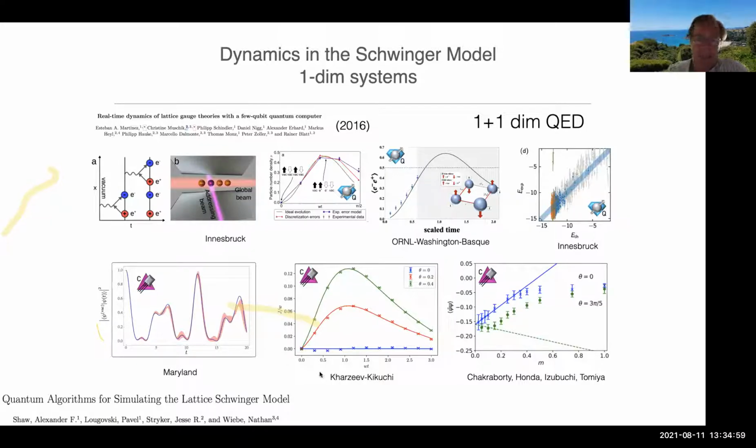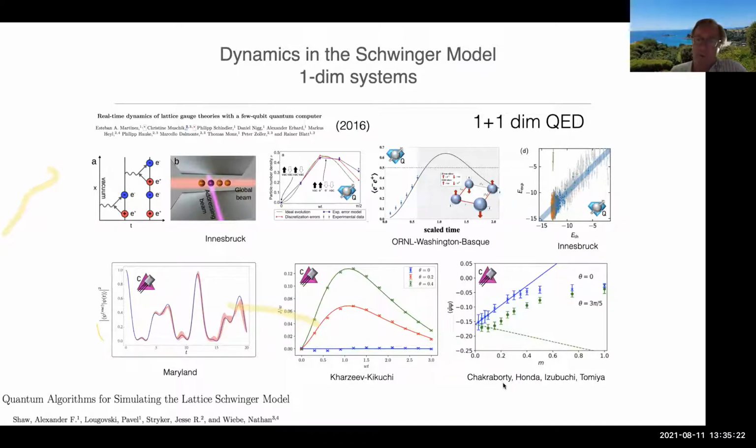So this is a classical simulation of their algorithm and their method, which shows great advances. There was work by Kikuchi and collaborators looking at the impact of a quench on the real-time dynamics of the system, which was the first time this was explored. What's shown here is the vector current as a function of time with a quench in theta.